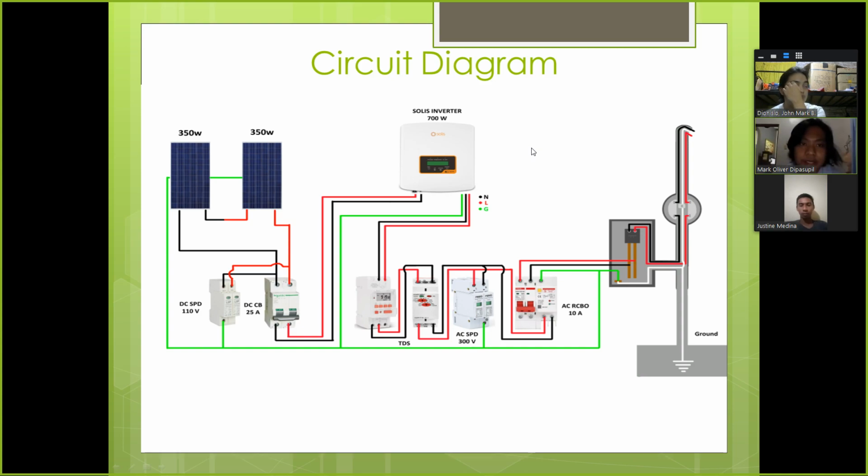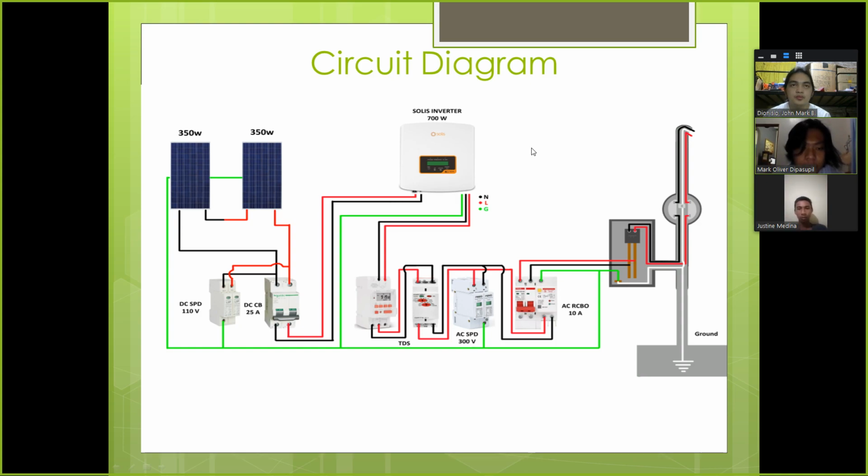So, for the circuit diagram, again, we have two 350 watt solar panels connected in series, which give a 700 watts solar array. Yung solar array natin is naka-connect in series dito sa ating circuit breaker na merong 25 amps. So ito ngayon, DC circuit breaker is na-connect siya in parallel dito sa DC SPD.